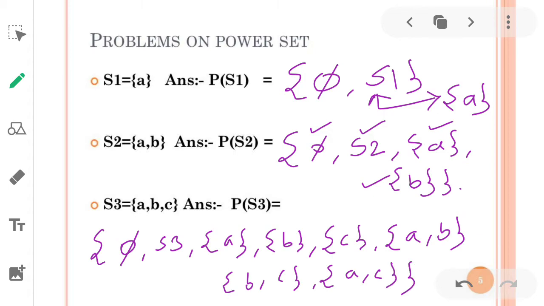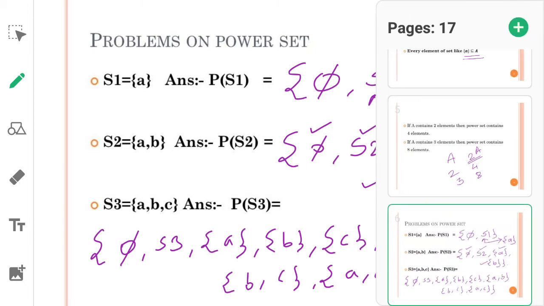So we don't need to write here {B, A}, {C, B}, {C, A}, because {A, B} is equivalent to {B, A}. So here whenever a set contains 3 elements, the power set contains 8 elements: phi, S3, set {A}, set {B}, set {C}, set {A, B}, set {B, C}, set {A, C}.